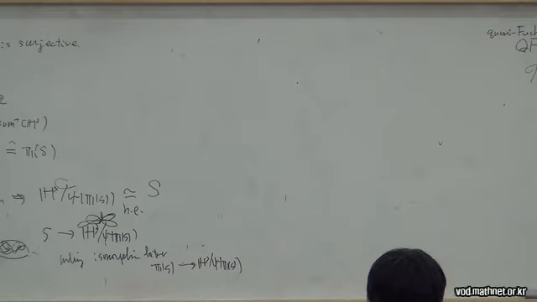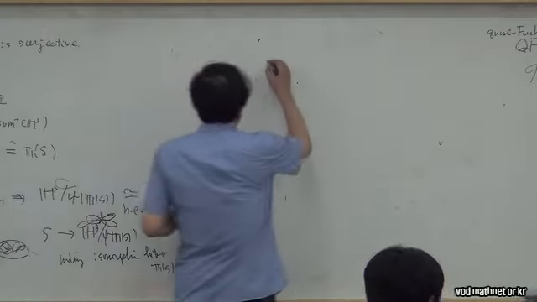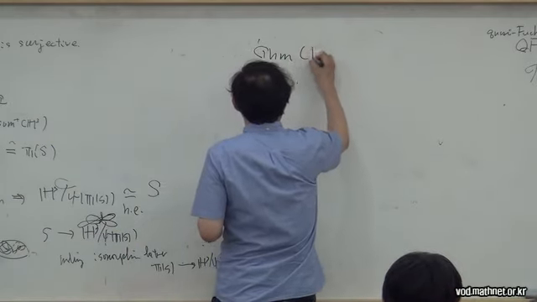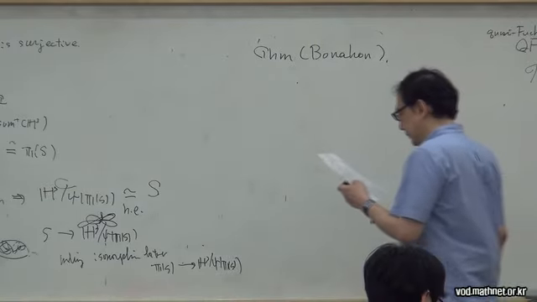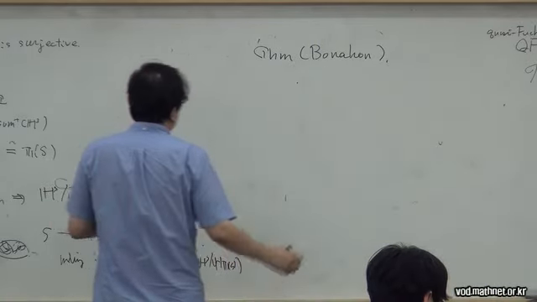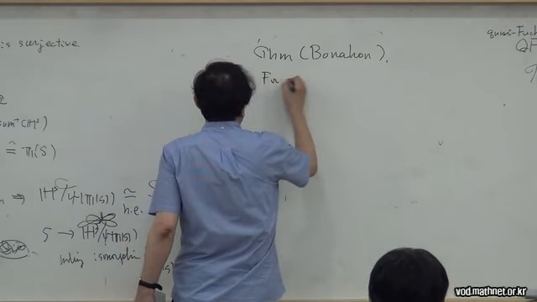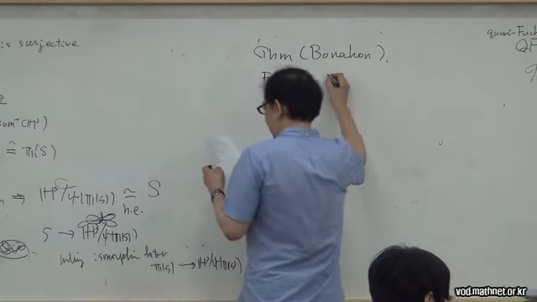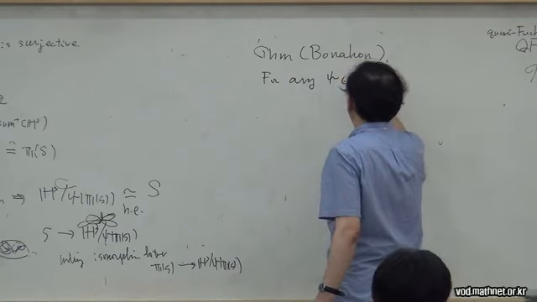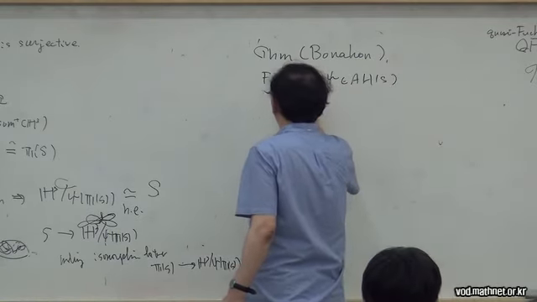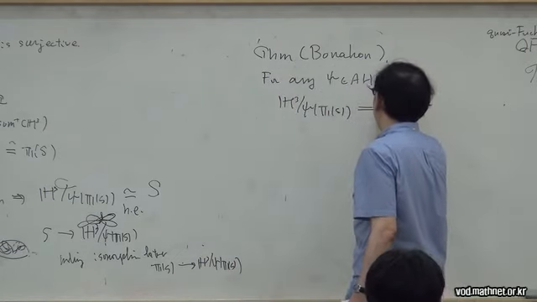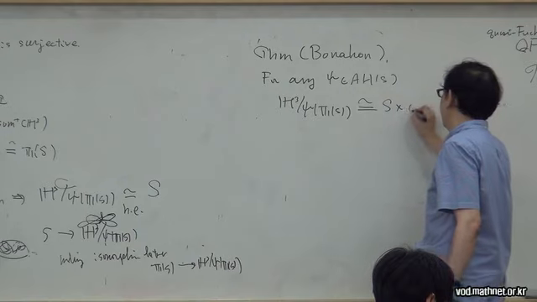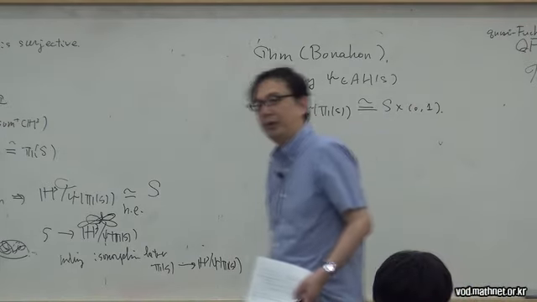So what was proved by Bonahon is this: for it, actually, compactification exists. So for any psi in H of S, H3 over pi 1 of S can be compactified, and it's homeomorphic to S times interval.